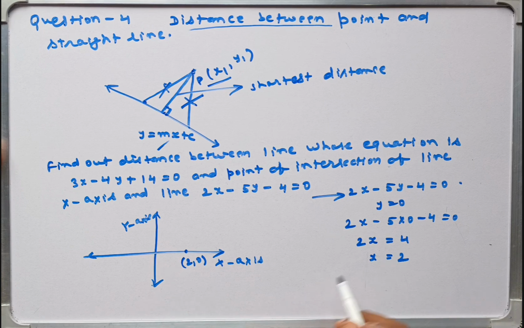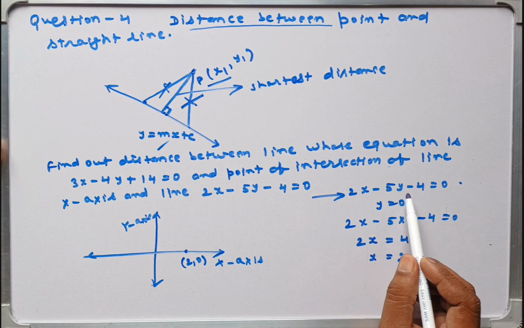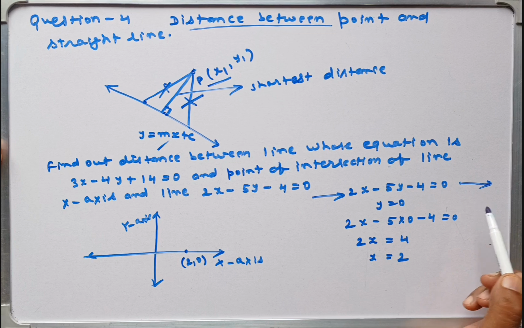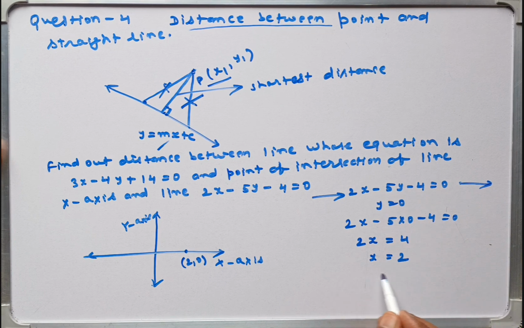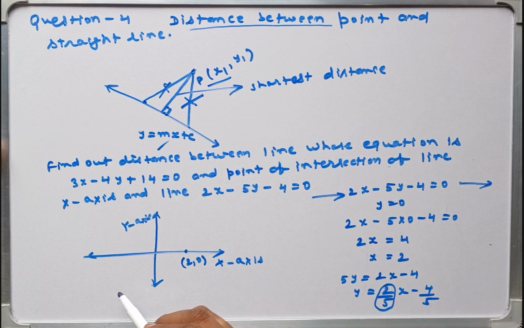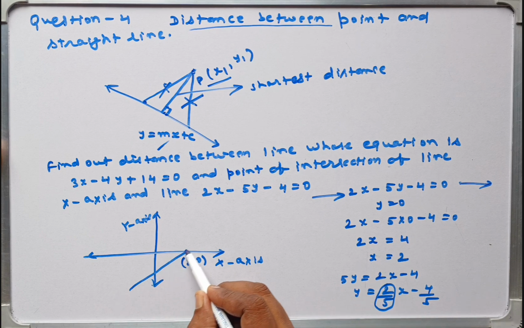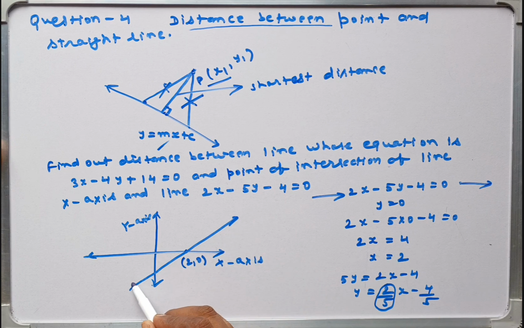If you write this equation in standard form, you will get 2x minus 4 equal to 5y, or y equal to 2 by 5 x minus 4 by 5. So what you see here, the gradient is positive, so the line must pass like this one.